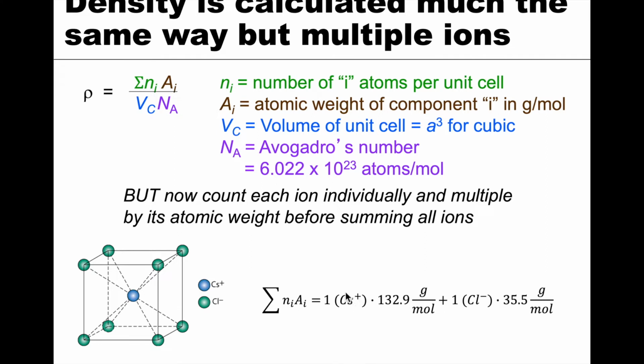We know we have one cesium because it's in the body center position, and we count it whole because it's fully in the unit cell. Then chloride are in the simple cubic arrangement, but again, you're only counting 1/8 of each, so again the count of that is 1. As a check, you should always make sure that the 1-to-1 ratio here matches with your stoichiometry.